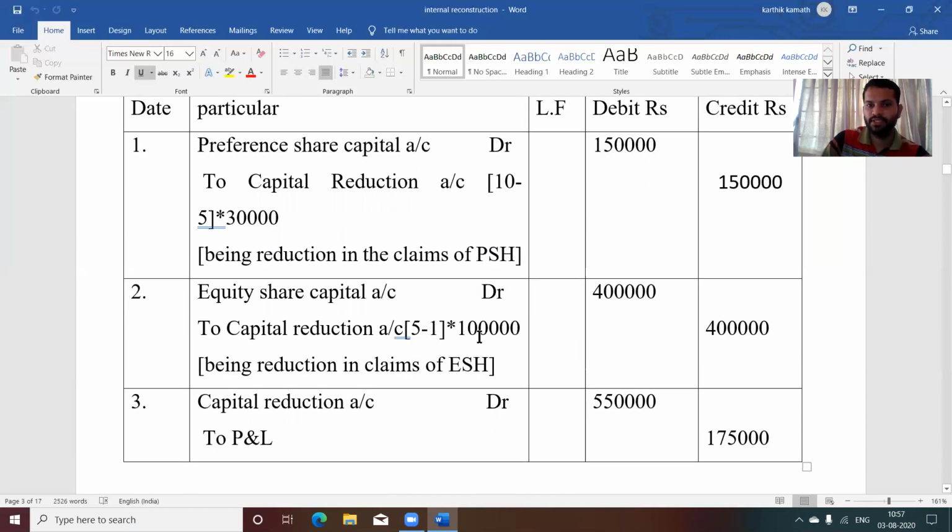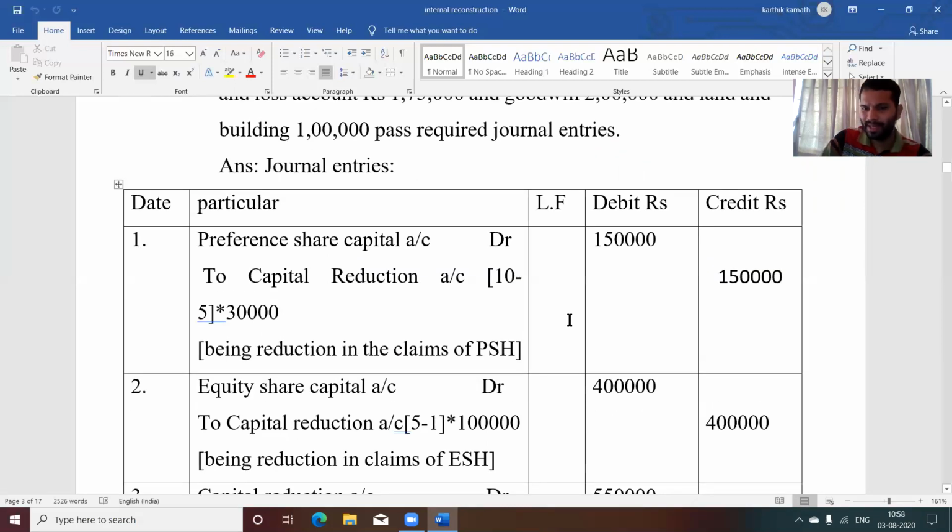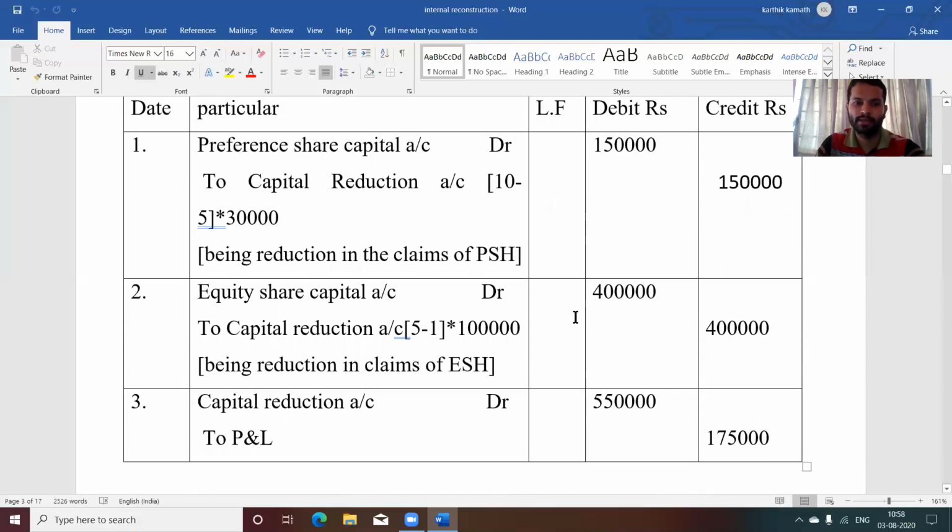Reduced to shares of 1 each means 1 lakh into 5 minus 1, that is 4 lakh. Or else you can do equity share capital account debit 5 lakh to equity share capital account 1 lakh, then to capital reduction account 4 lakh. Also you can do.